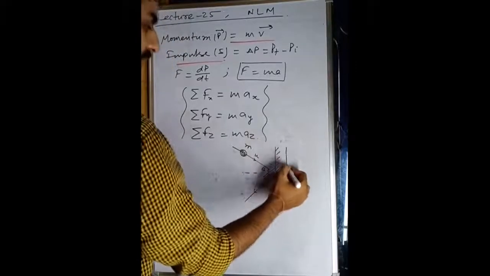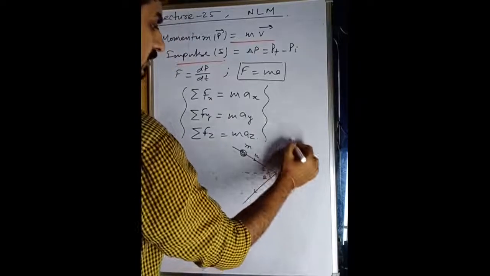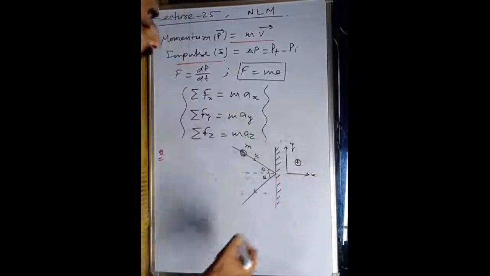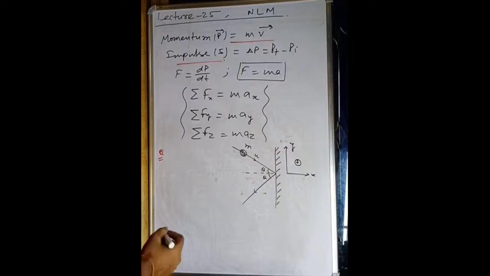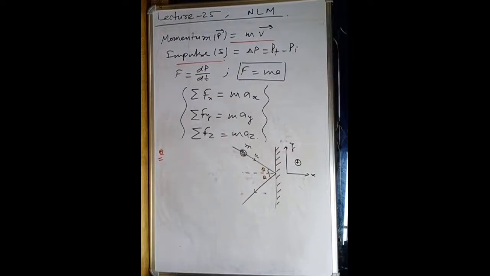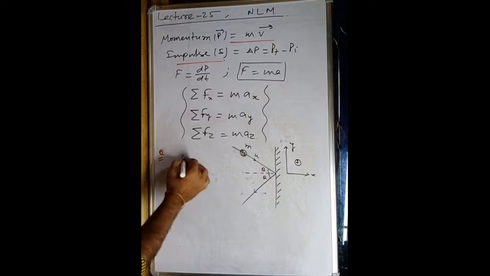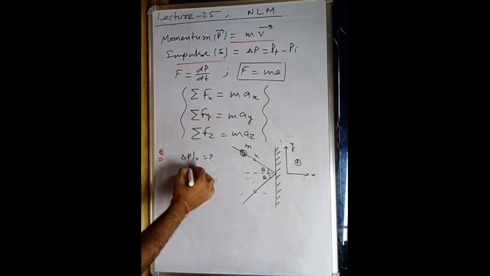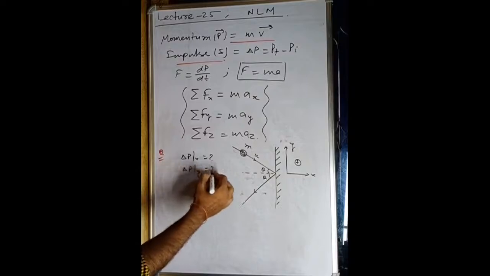If these are the positive x and y axes, you have to find the impulse along the two axes, that is, the change in momentum along the x-axis and the change in momentum along the y-axis.